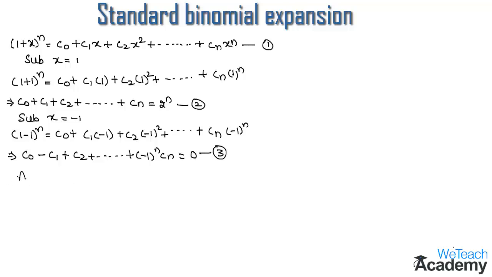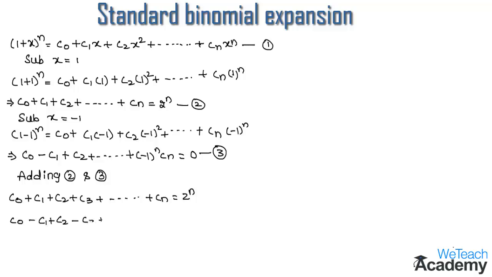And now let us add the equation 2 and 3. So on adding we get here c0 + c1 + c2 + c3 + so on + cn is equal to 2^n, and the equation 3 is c0 − c1 + c2 − c3 + so on + (−1)^n cn is equal to 0. Now let us add these both equations.